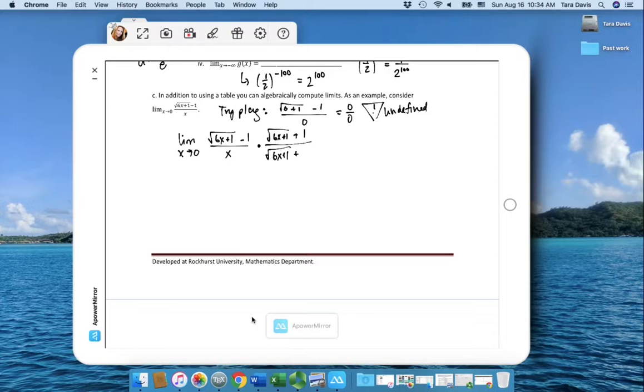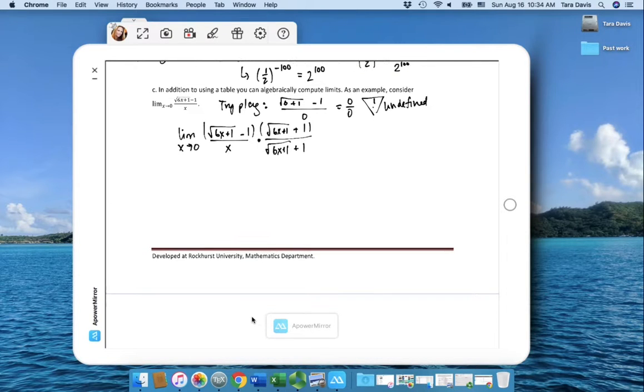I use the conjugate of the numerator to try to simplify. Now keep in mind the fact that there are parentheses here and here. I'm not going to worry about the denominator, so I have to FOIL or properly distribute everything.